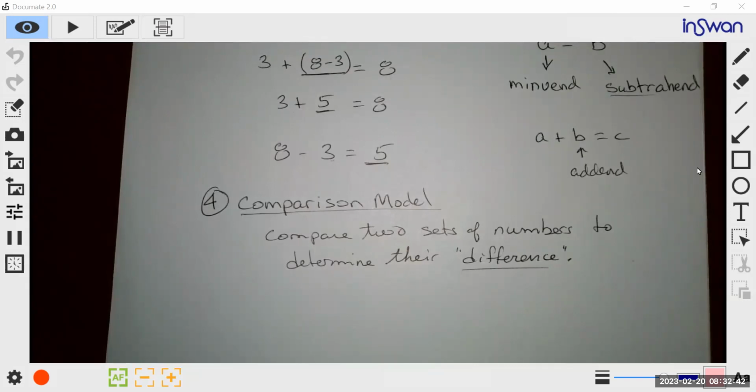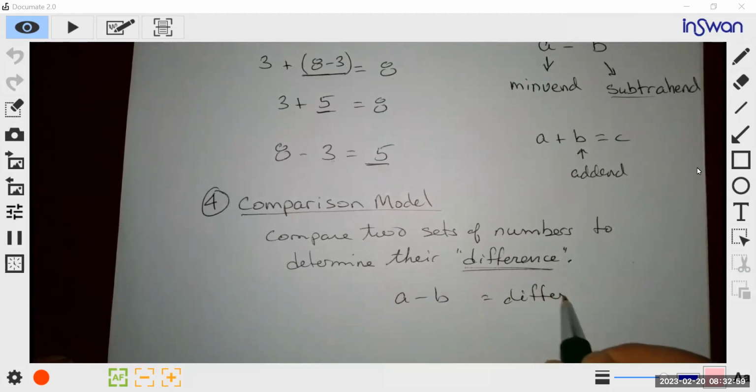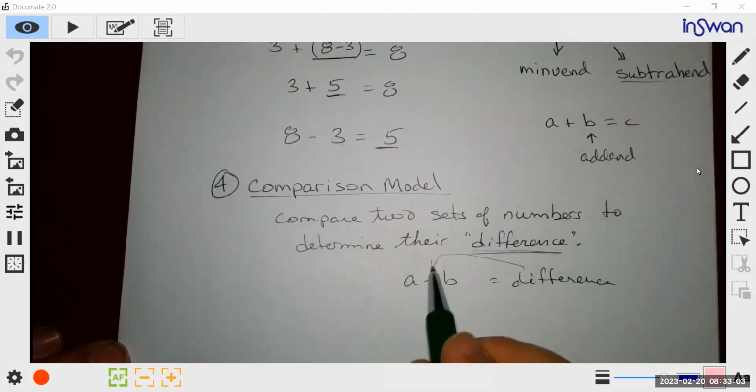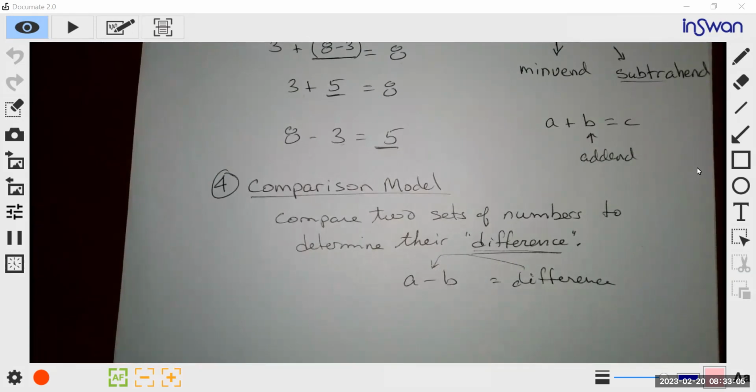It's no accident that the word is compare the differences, because the subtraction model, A minus B, is called the difference equation. The difference simply means this subtraction.